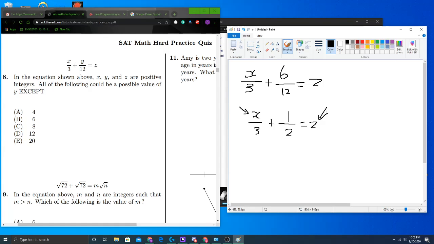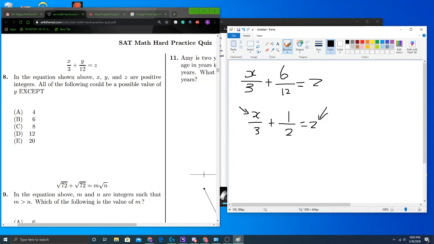The only other way to make this part whole is if this fraction becomes a mixed fraction or a regular fraction that is equal to 1/2 or contains a 1/2. Like 5 and 1/2 plus 1/2 is going to equal 6, right? So we need a 1/2 here. But that's not very possible.